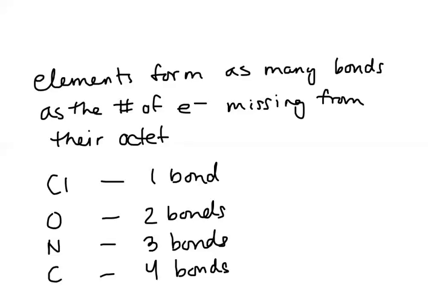Because remember what I said electronegativity is? Does anybody remember from a couple weeks ago what electronegativity is? It's the tendency to gain electrons or take electrons or to pull electrons towards itself. Chlorine is very electronegative.